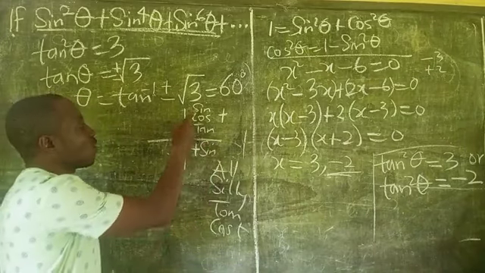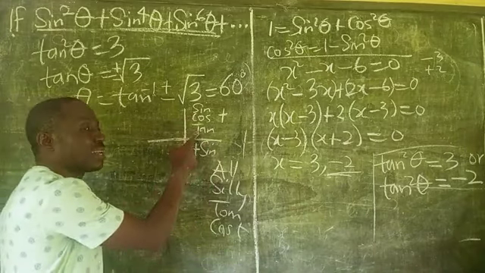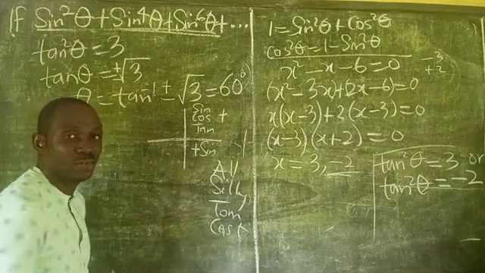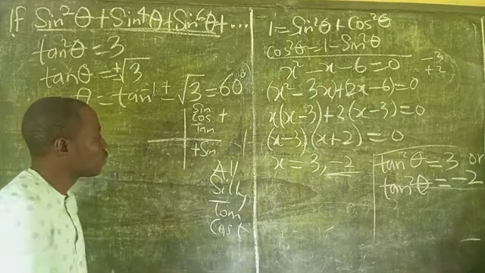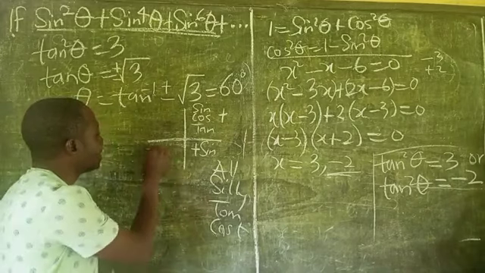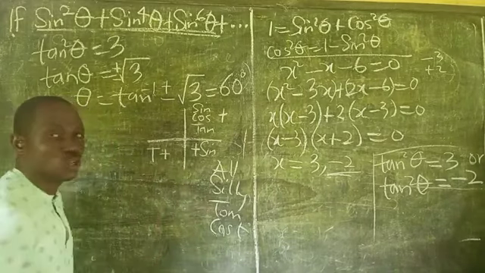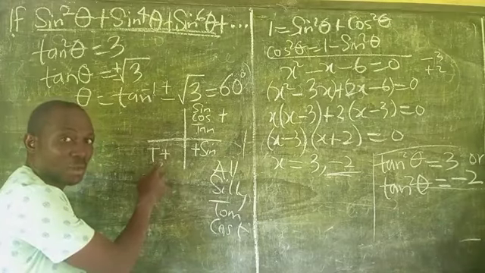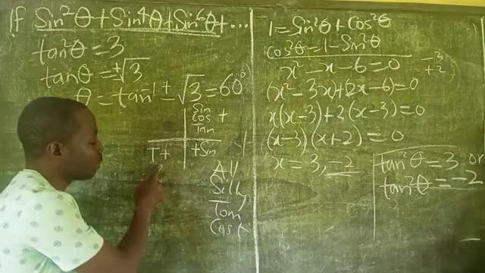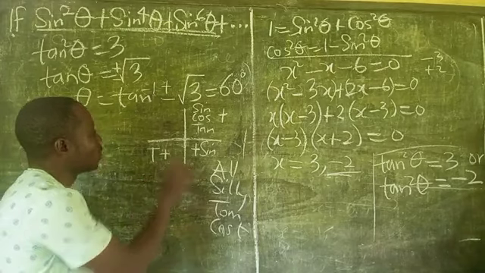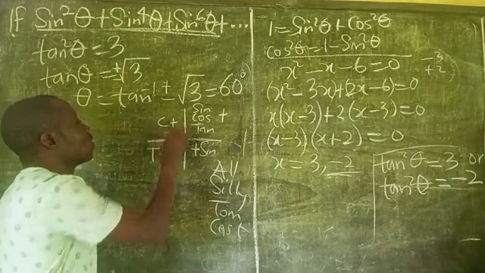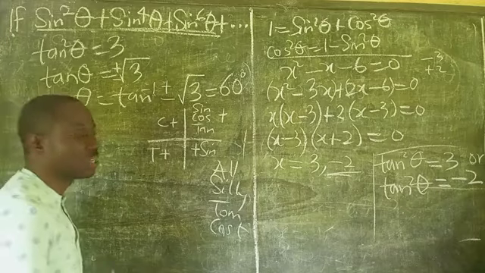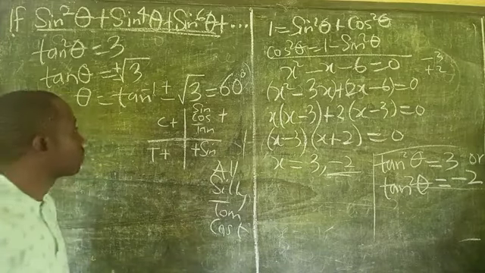That is to say, cos and tan of any angle are negative in the second quadrant. On the third quadrant, only tan is positive, which also means that sine and cos are both negative. And in the fourth quadrant, only cos is positive, sine is negative, and tan is also negative.